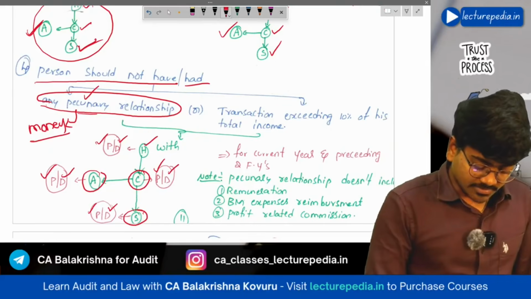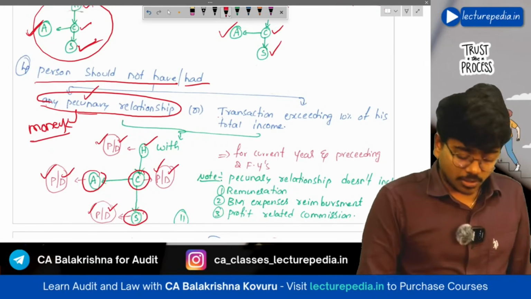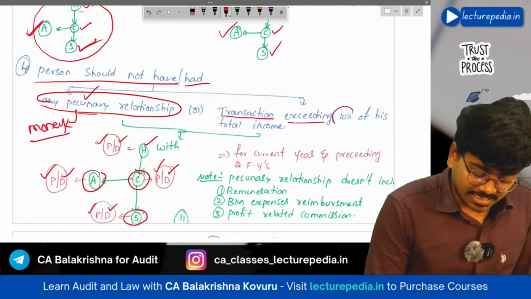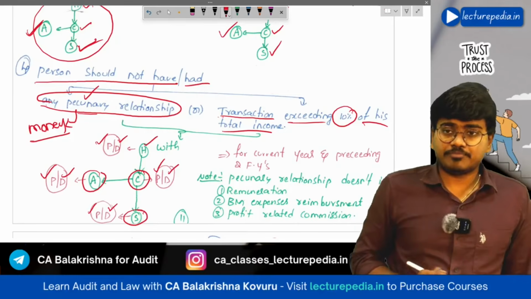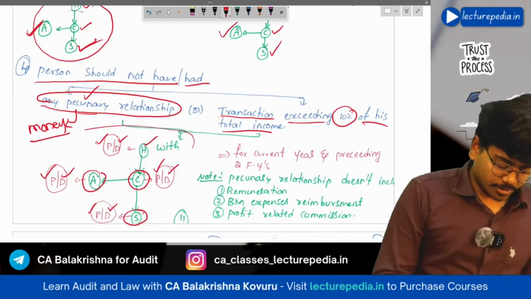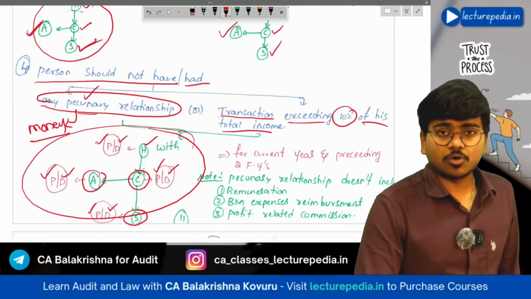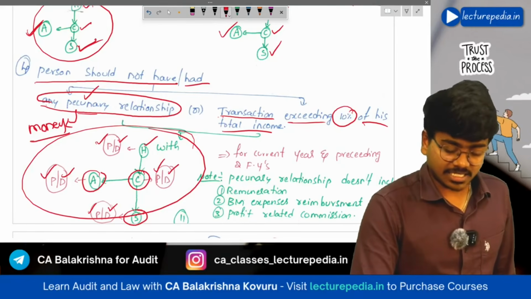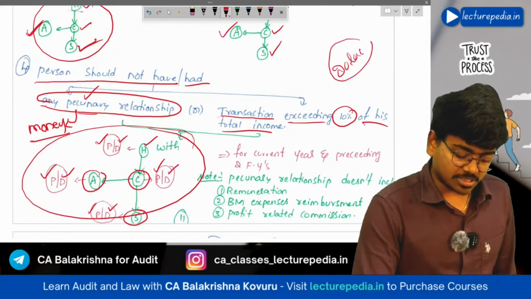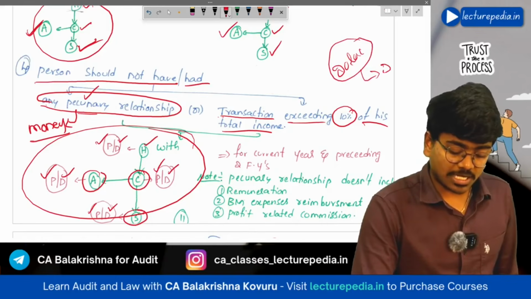Next, he should also not have transactions exceeding 10% of his total income with again these same people. Let's say the total income of a person whom you are going to appoint as an independent director is 20 lakh rupees. 10% of 20 lakh rupees is 2 lakh rupees.